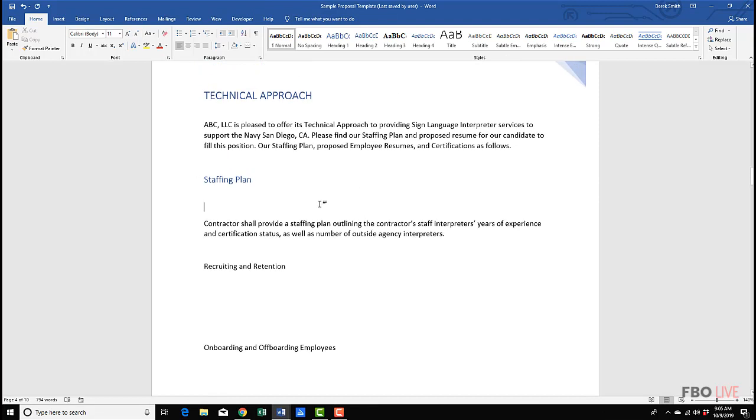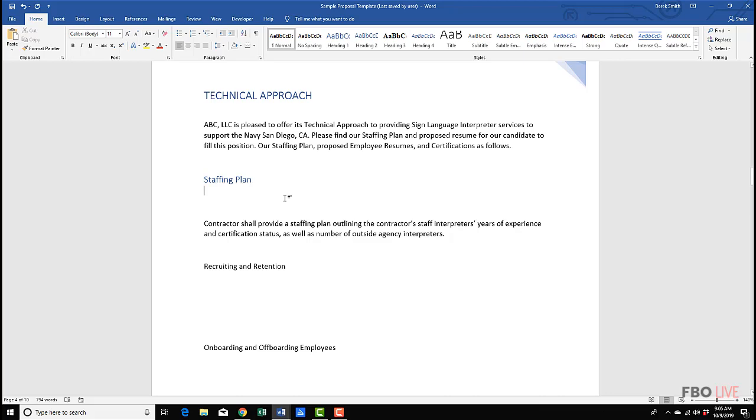Part of me wants to lean into this, saying what they mean by that is the number of proposed interpreters, because they're only telling you at least 2. So they're not telling you how many. And then, however many you have will be the number of resumes and certs for each that you have to provide. And honestly, that's kind of where I'm going in interpreting this.